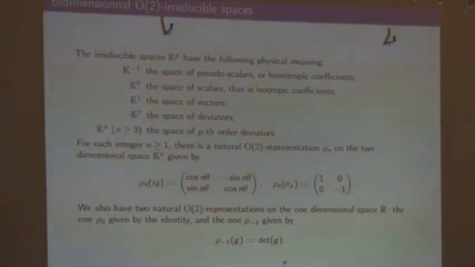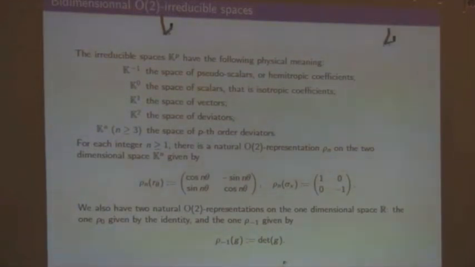K1 is just the space of classical vectors in two dimensions. K2 is the classical space of deviators in two dimensions. And for n greater, it will be the space of extended deviators.